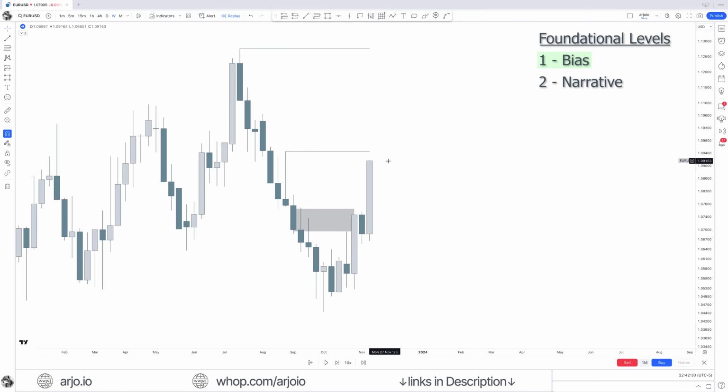Which again creates the beautiful sentence that I've been saying for a long time now. If we are going higher, where are we likely going higher from? Well, on the weekly and on the monthly, we could see that we didn't have a clear discount array just yet, right? And in the form of a clear discount array, let's define that. A clear discount array right there is when we at least have a fair value gap. The fair value gaps validate the other PD arrays for me.